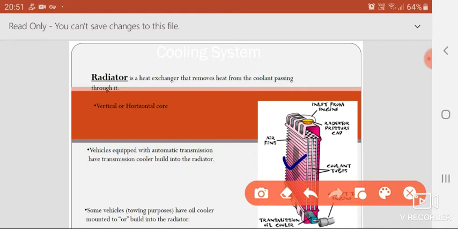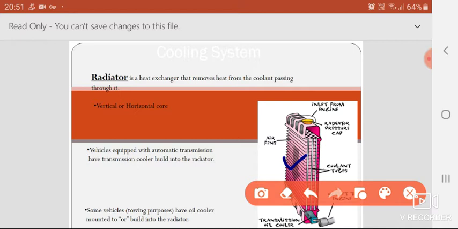It gets cooled because of the fan provided near the radiator. The fan passes air through the radiator. The radiator has air fins. Through the fins, more heat transfer happens because of the increased surface area, and the radiator loses heat. The coolant loses heat.